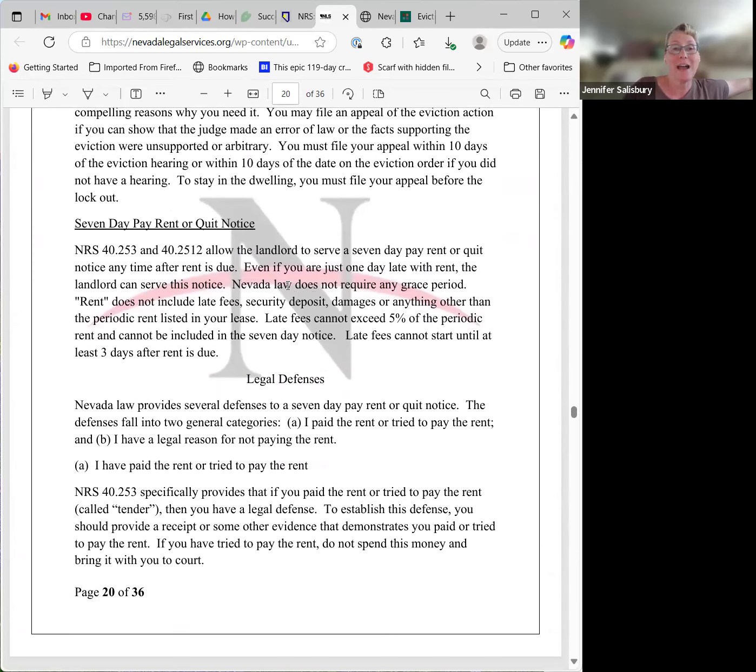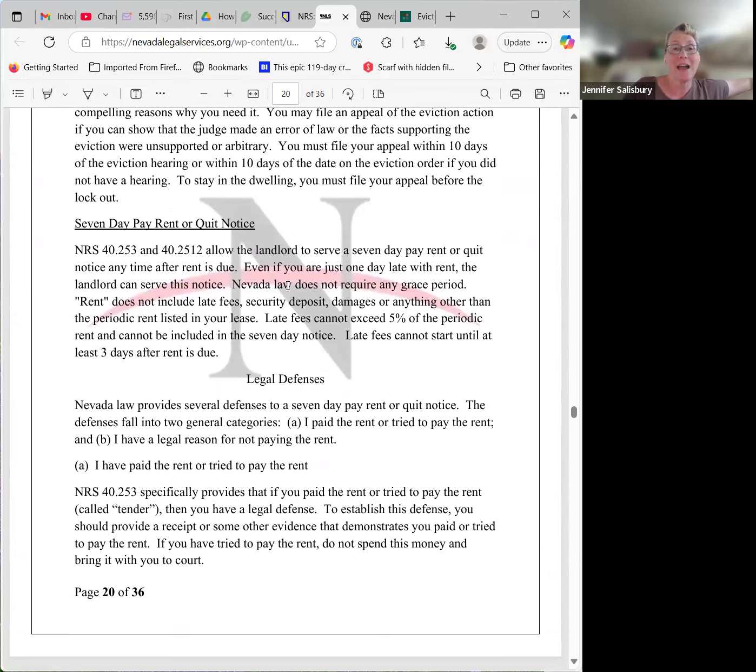Nevada law does not require any grace period at all. Rent does not include late fees, security deposit, or damage. Late fees cannot exceed 5% of the periodic rent and cannot be included in the 7-day notice. But here's the trick. The late fees cannot start until at least 3 days after the rent is due. You can demand rent, right? You can demand it. Okay, so we're getting some information.